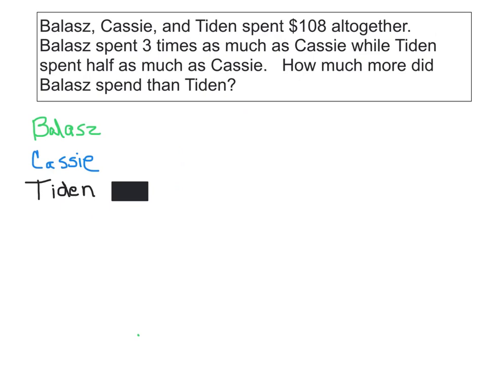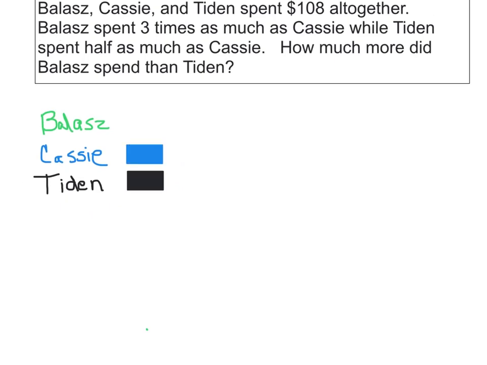Now when I keep reading, I see that Titan spent half as much as Cassie, so I've got to double Titan's boxes in order to represent how much Cassie spent. So Cassie spent double the amount that Titan did, so I'm going to give her 2 boxes.